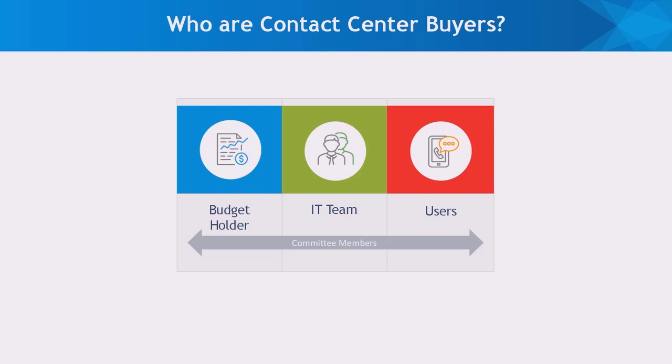In a larger company, you may have somebody dedicated to customer care, customer service or customer operations. Those types of people are usually the budget holders for this product, because it's their mandate to make sure the company is providing the most positive customer experiences possible.